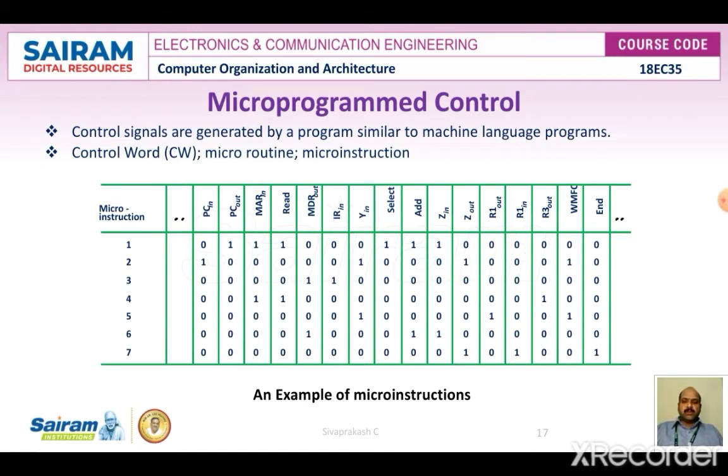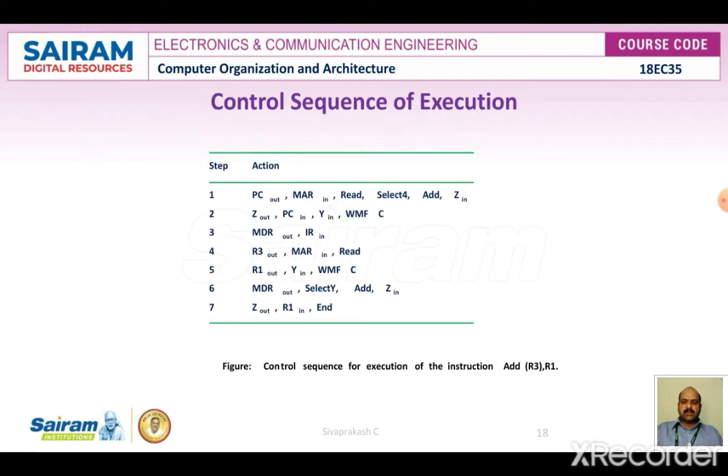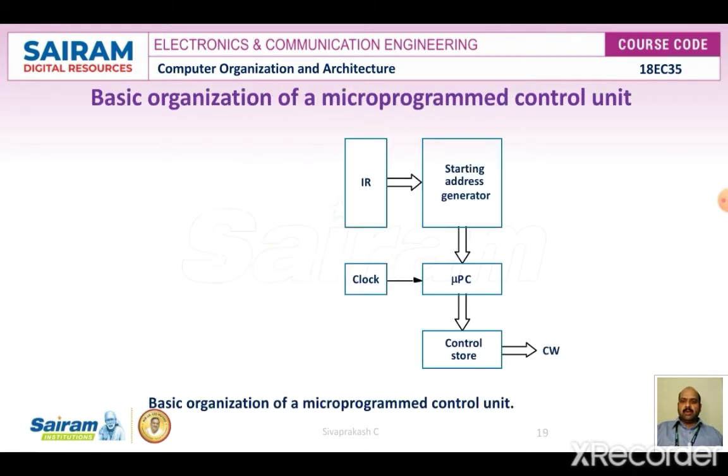In this way, it processes step by step all the micro instructions, and specifies the data equivalent to the high state as per the instruction given here. Such a sequence of execution is specified in this particular example, add R3, R1. Here we have one more piece of information, the control word.